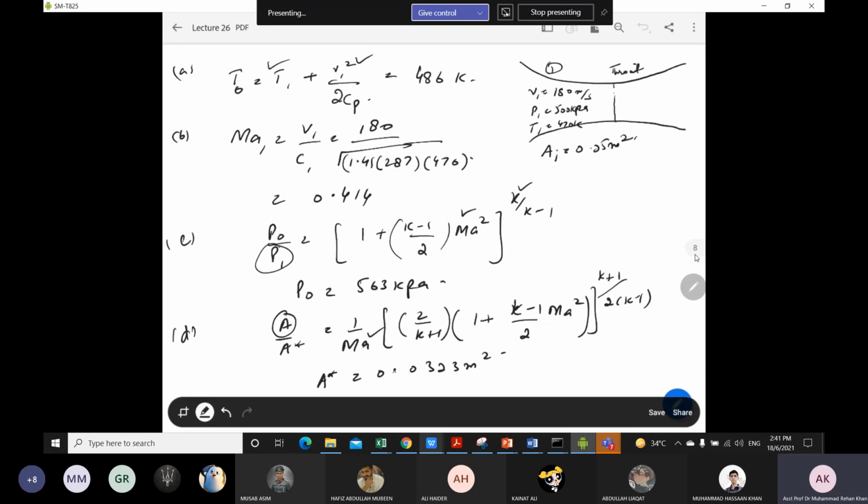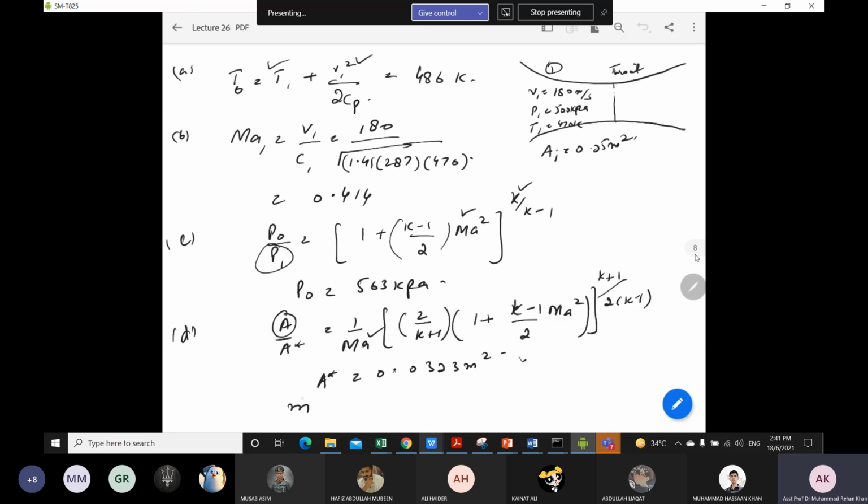We also have to find the mass flow rate. At the throat we know it is the maximum mass flow rate, so simply apply the relation: mass flow rate maximum is equal to A star P naught times the square root of K over R T naught, times 2 divided by K plus 1, raised to the power K plus 1 divided by 2 times K minus 1.